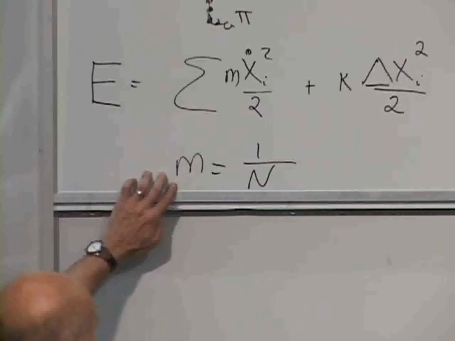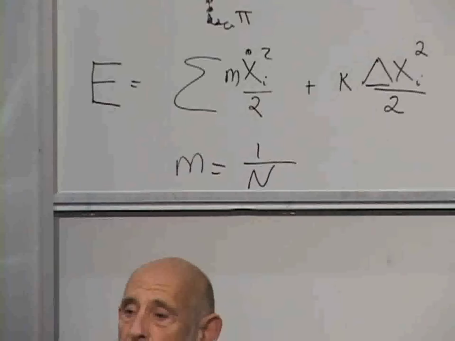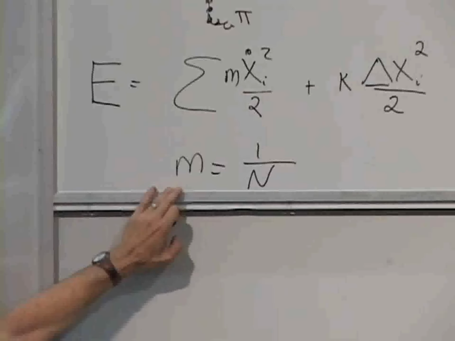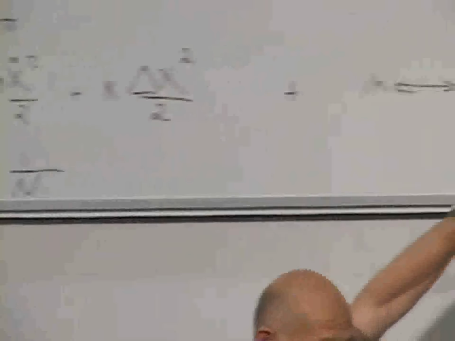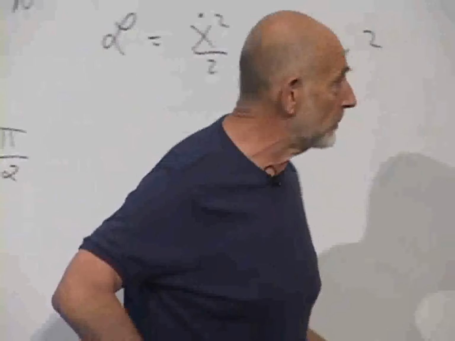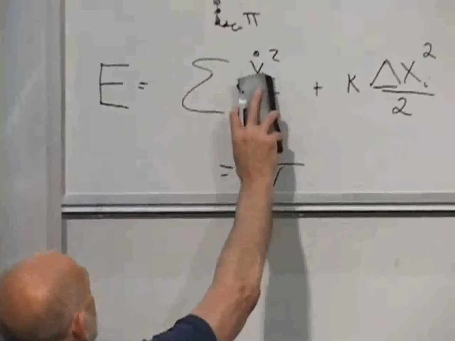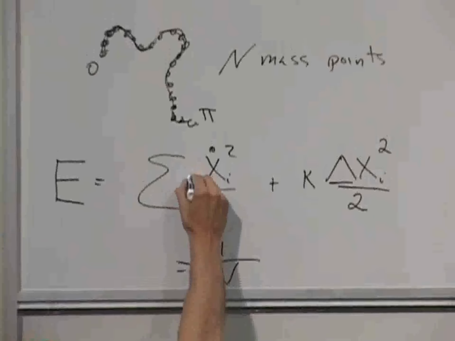So we let the mass go as 1 over n, and what will the total mass of the string be? Oh, I'm sorry, just a moment. Let me go back a second. This mass here is not the true mass of the mass point. It's the non-relativistic analog mass. I shouldn't call it m, because then you'll identify it with the relativistic mc squared mass. Let's just call it mu.